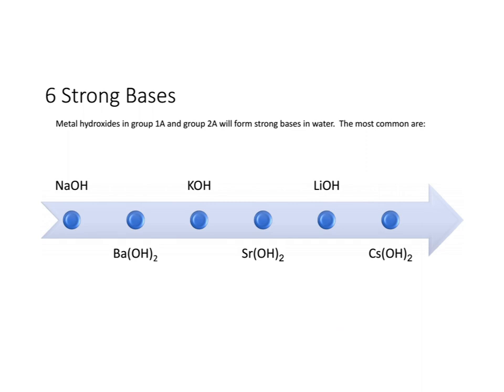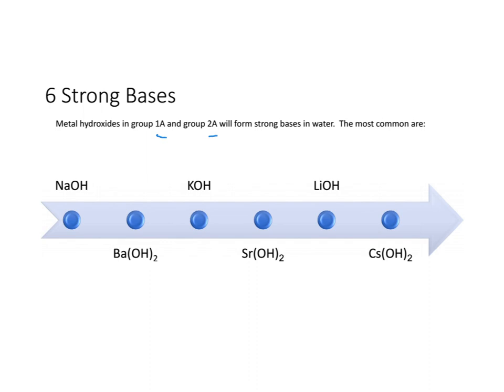Similarly, there are 6 strong bases that you should be aware of. These are all bases with cations in group 1A, alkali metals, and group 2A, alkaline earth metals. So these are sodium hydroxide, potassium hydroxide, and lithium hydroxide.